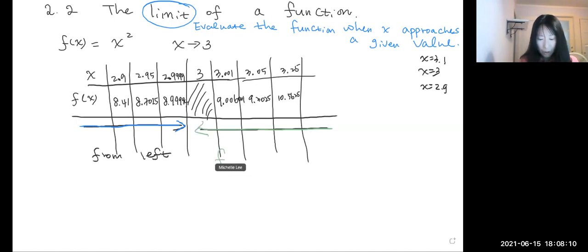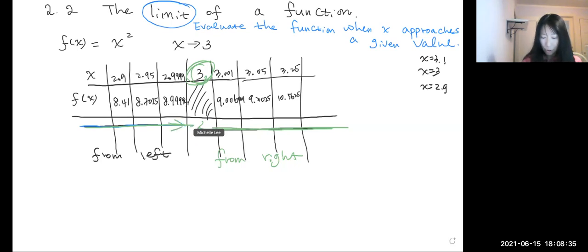This is from the right. Then how can we say, when x approaches 3, what the value of the function is, from the left and from the right?